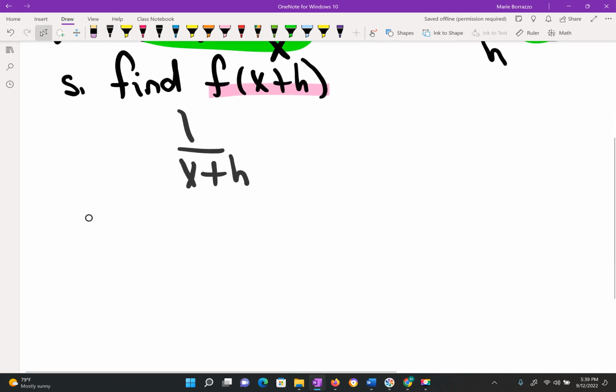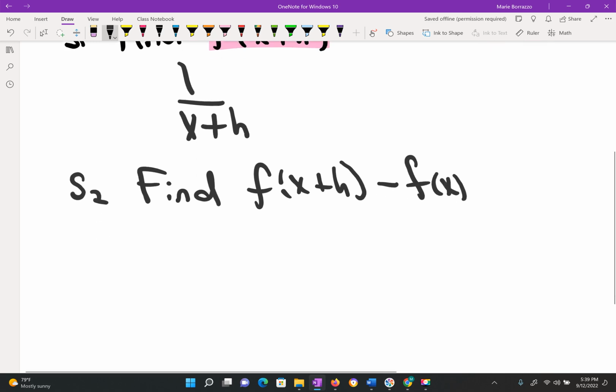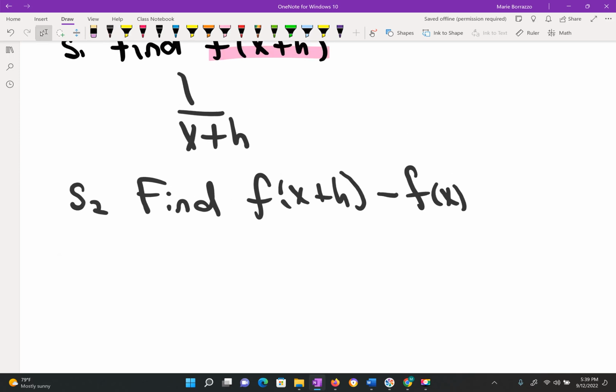In step 2, I'm going to try and follow this one step by step because I tend to go quicker. So we're going to find the f of x plus h minus the f of x. Starting with this, we know that f of x is 1 over x. So we're simply going to rewrite this as 1 over x plus h minus 1 over x.